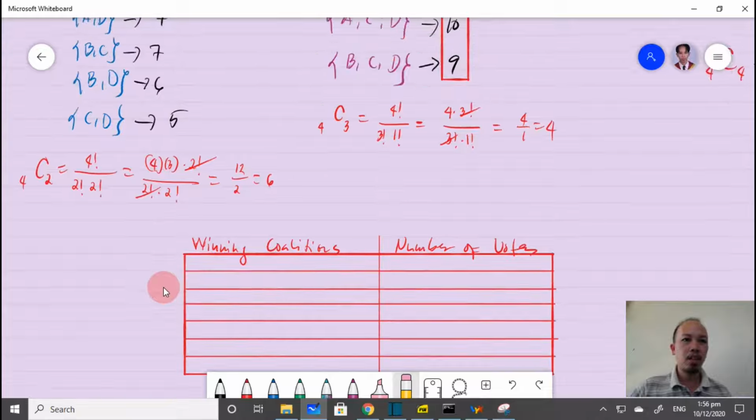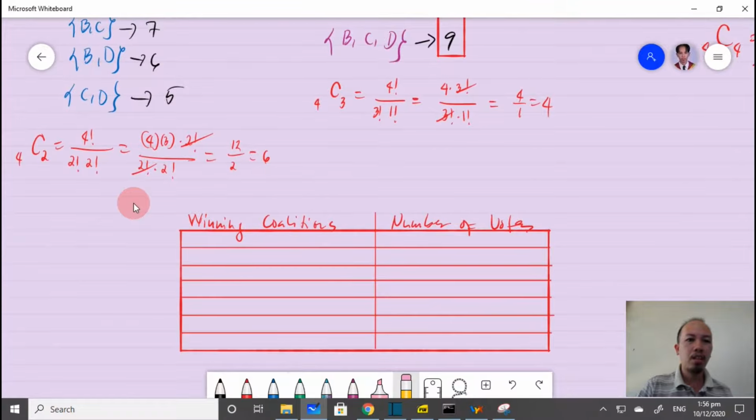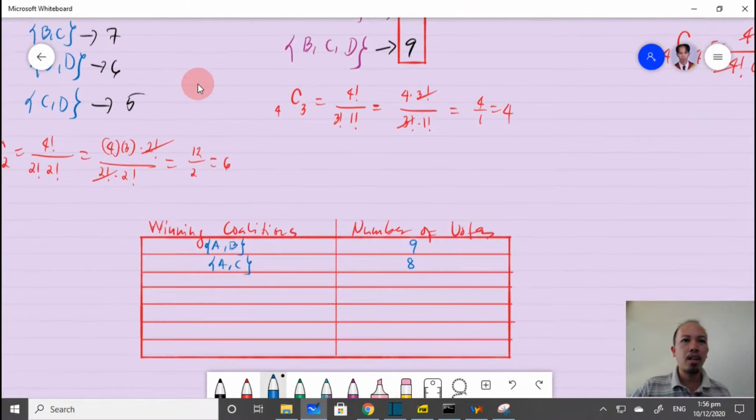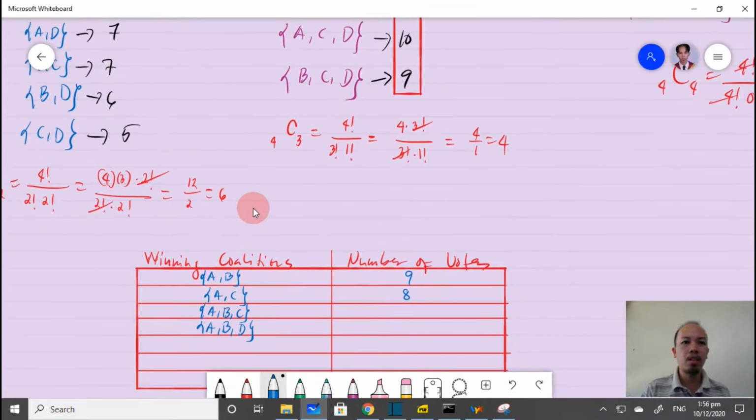So we are done with making our table. Let's plug in now our winning coalitions: AB and AC, with values 9 and 8. Then ABC and ABD, with 12 and 11.